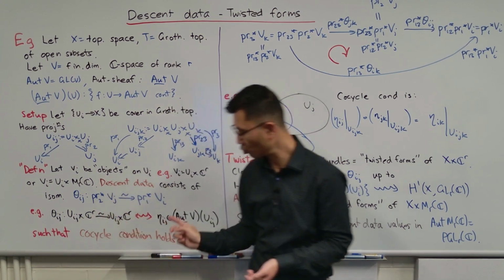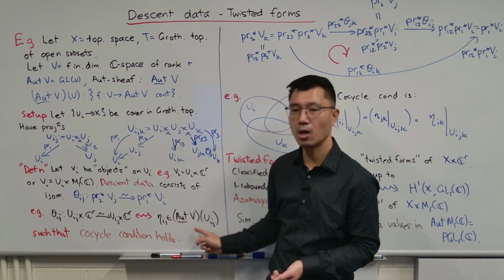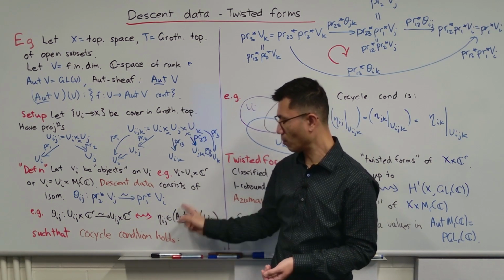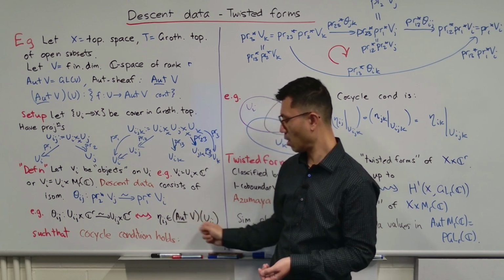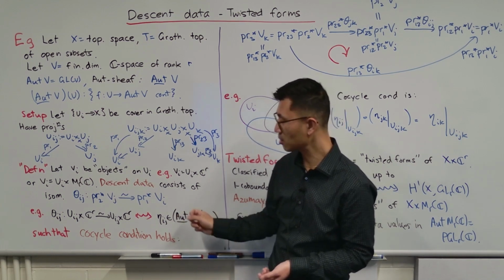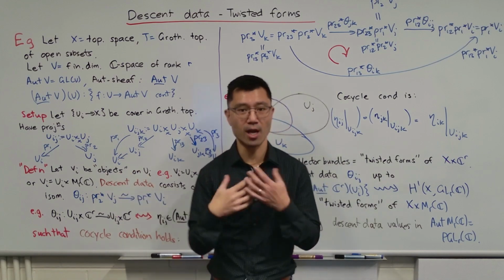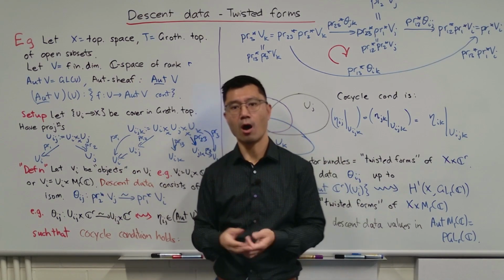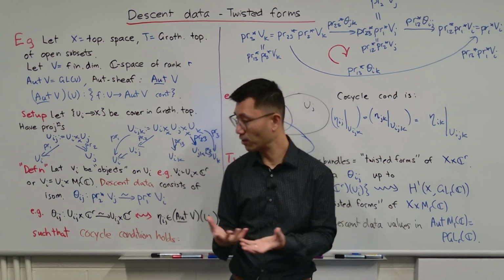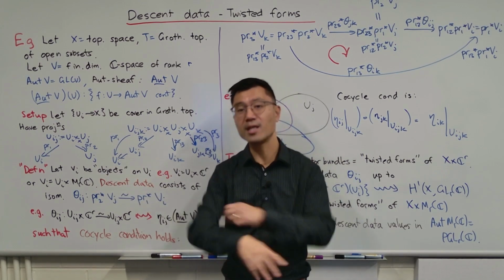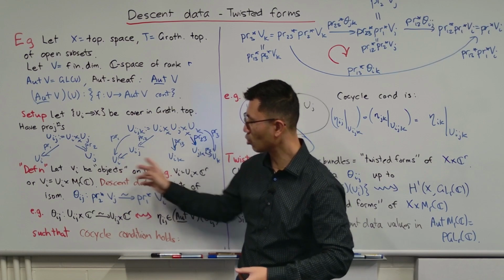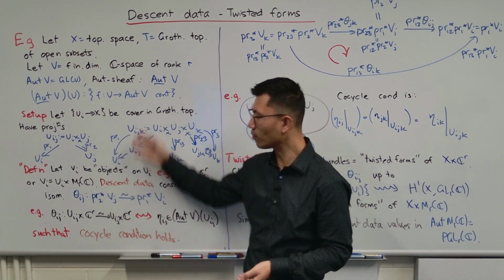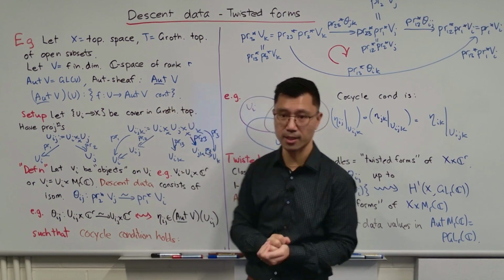So that's basically your transition function, this eta_ij, which is a section of this sheaf over this U_ij. This type of data is a very natural generalization of the data that you give when you give a transition function. But now this applies to any Grothendieck topology, as long as you can talk about things like pullbacks of these objects. And of course, you have this setup of a Grothendieck topology.